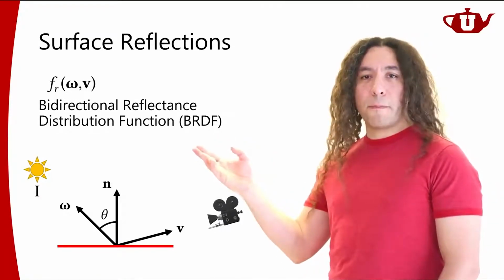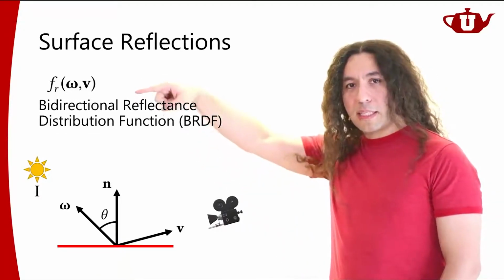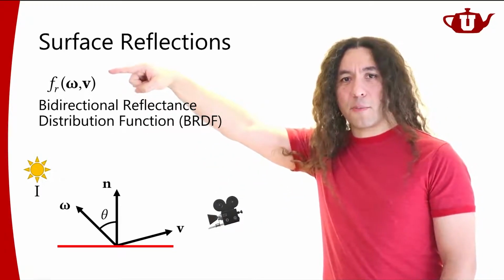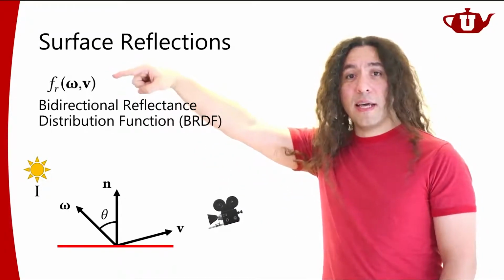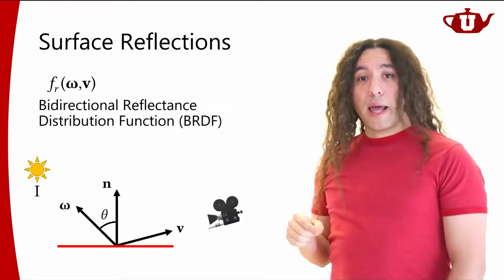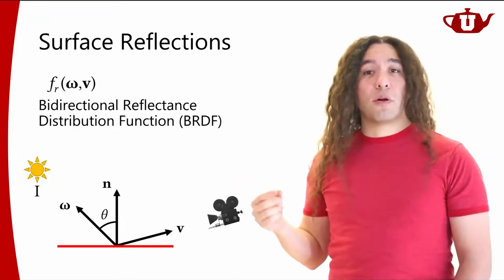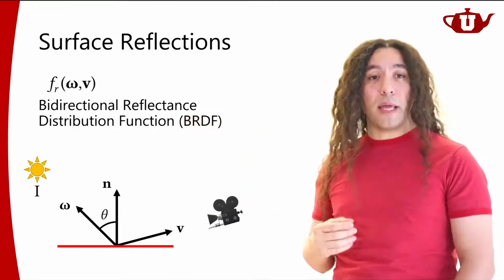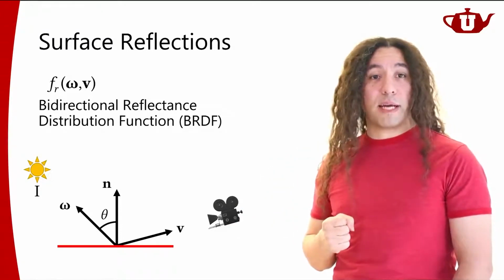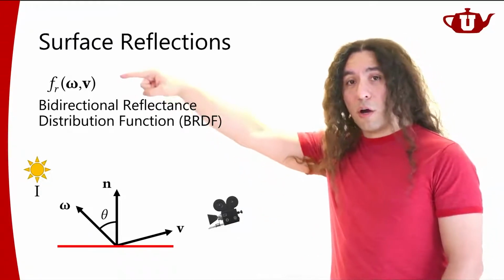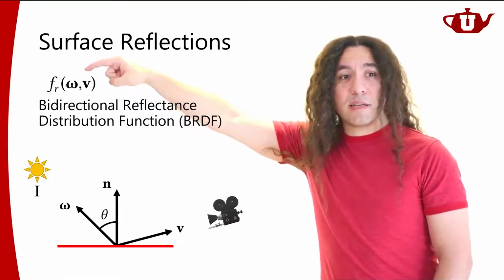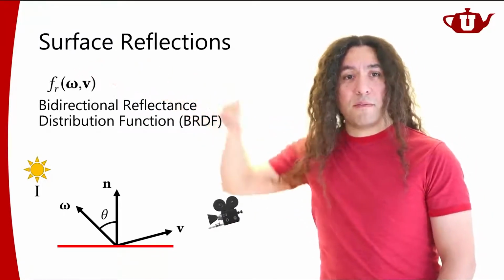This is a function that will tell me, it's bidirectional because it's taking two directions, right? It's taking the direction of incoming light and the outgoing light direction, the view direction, if you will. And this function is going to return a value that will tell me what portion of the incoming light in this omega direction is reflected along the given view direction.